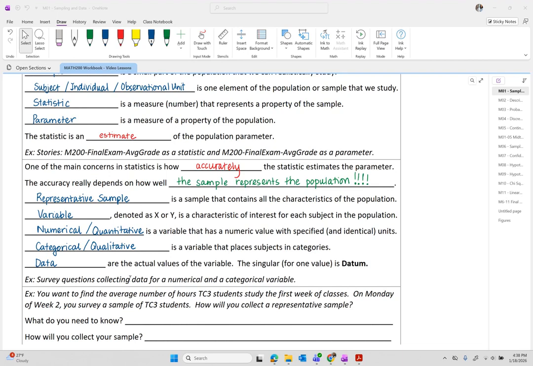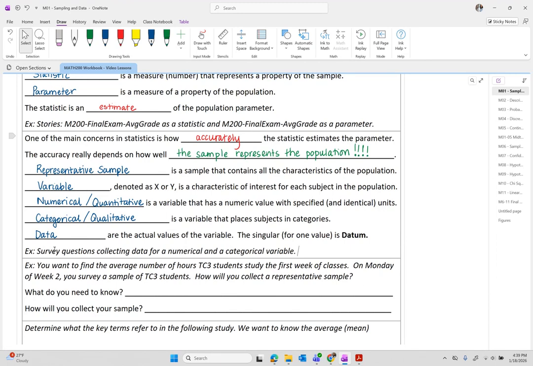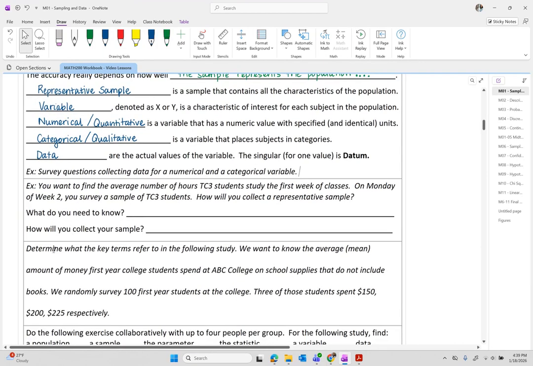For example, in the survey that you filled in at the beginning of the semester, you had to answer yes or no, you had to answer with a category, or you had to answer with a number. And that collection of all of these values that came in as answers, just the answers, would be the data for this survey and this study.